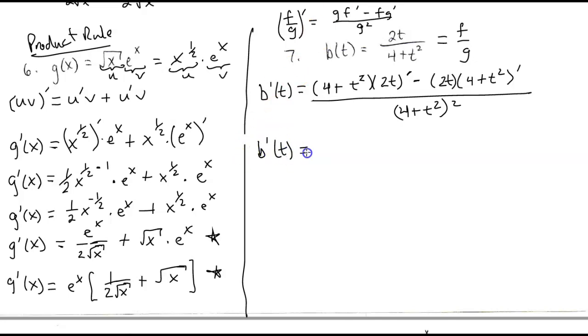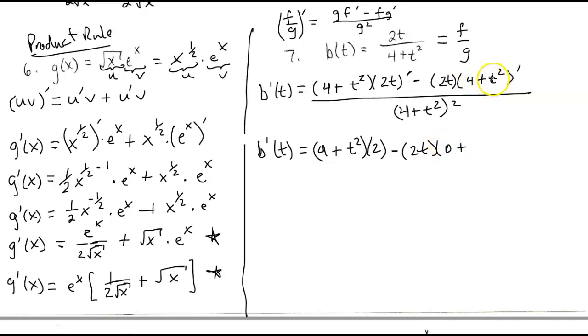b prime of t. And so we just got 4 plus t squared. We take the derivative of 2t, and we know from earlier, derivative of any linear function or expression is just the slope of that, which is 2, minus 2t. And if we take the derivative of 4 plus t squared, the derivative of any constant is 0.